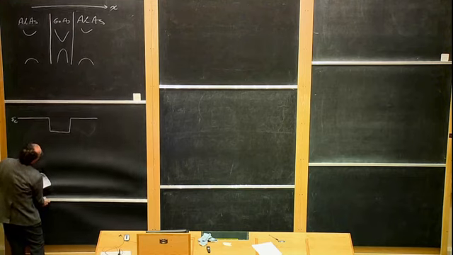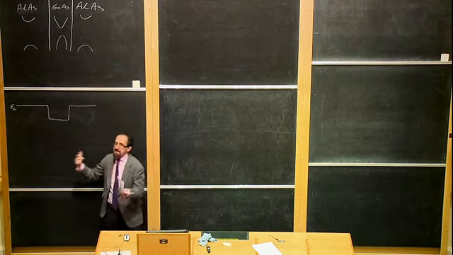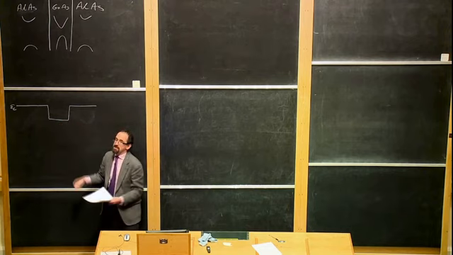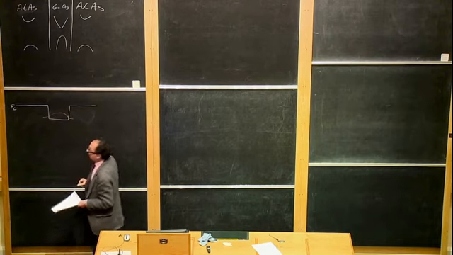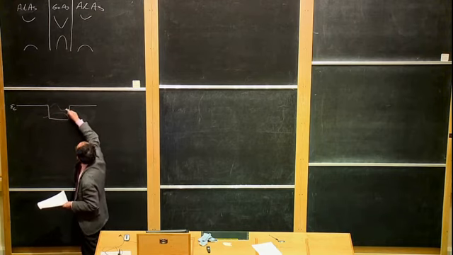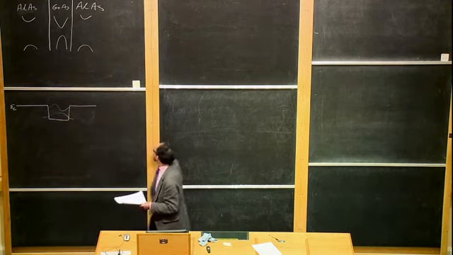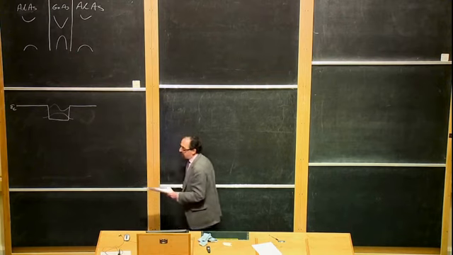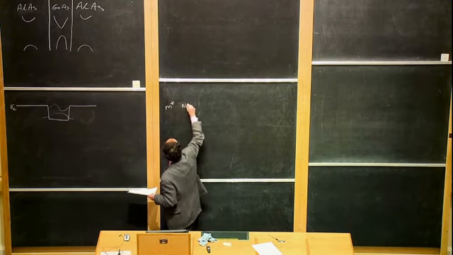So if you're an electron living in that conduction band, what you basically see is a well, some sort of confining potential like a particle in a box, and you would form a wave function in that particle in a box in the usual way. And of course, you could have excited state wave functions also in that particle in a box. The only difference between this and the kind of particle in a box problems that you solved in your quantum mechanics courses is that it's m star, not m.